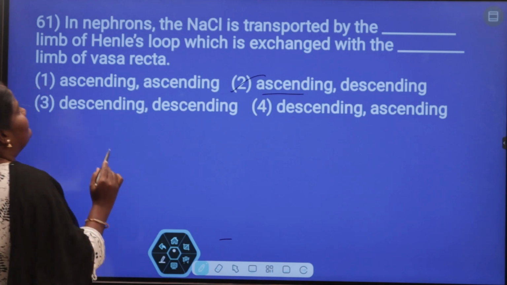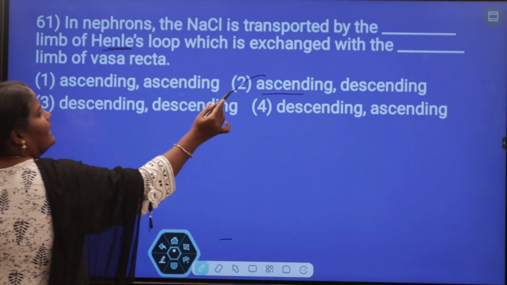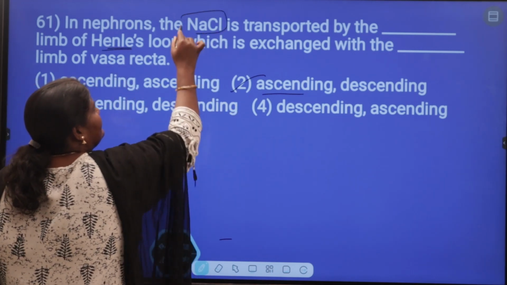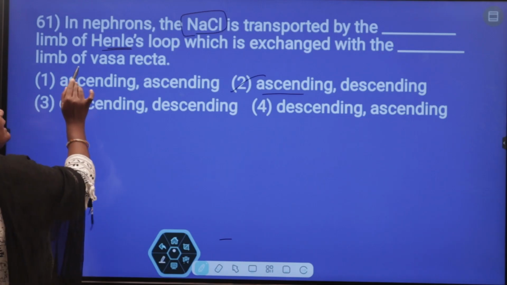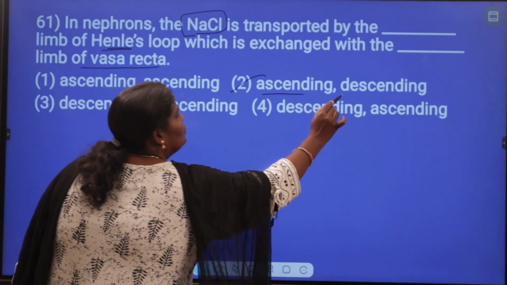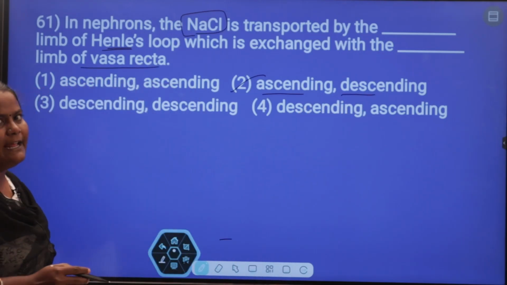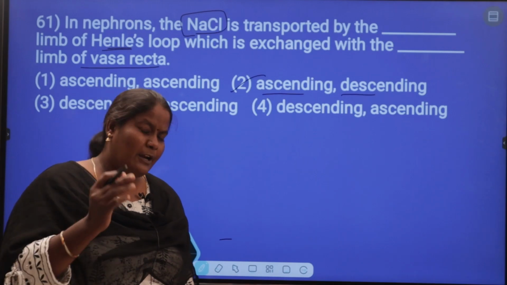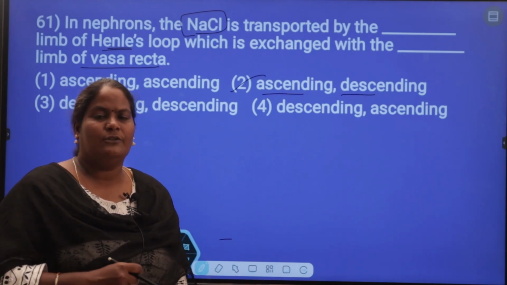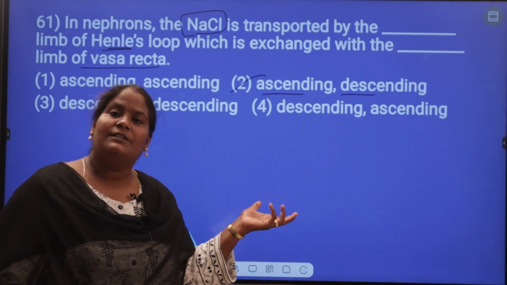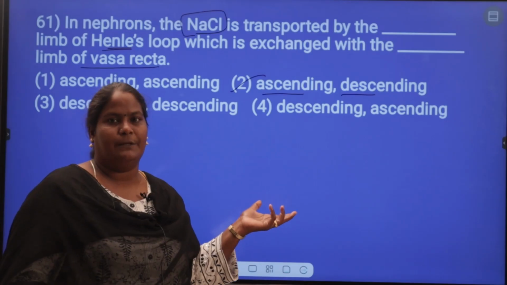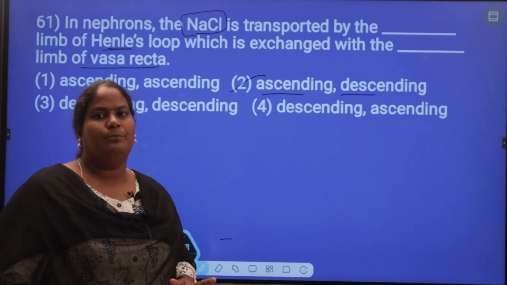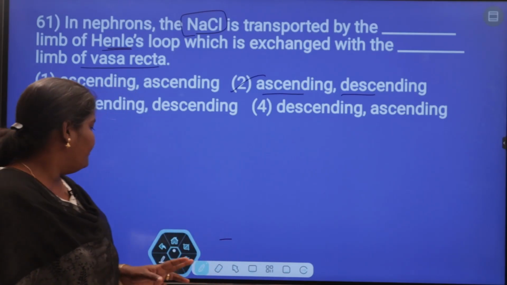Because the ascending limb of the Henle's loop releases the NaCl which enters into the vasa recta through the descending limb. Actually, these are direct bookline questions. You might have been expecting these kinds of direct bookline questions, especially in these chapters as well as the breathing and exchange of gases chapter. From these two chapters, they always insist on direct booklines.